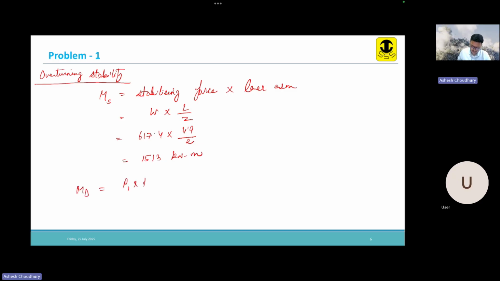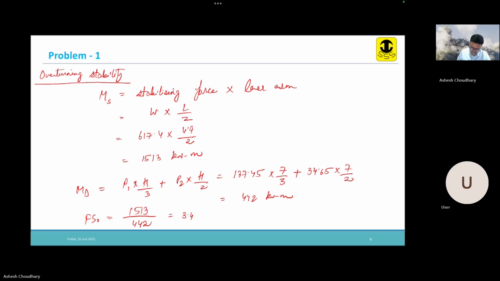It is nothing but P1 into H by 3 plus P2 into H by 2. Done. Our factor of safety against overturning is 1.5142. All right.